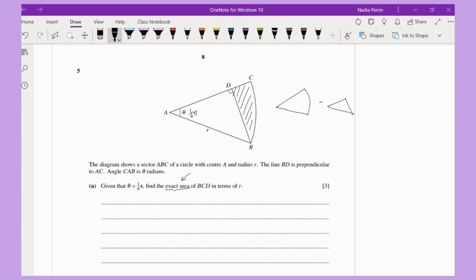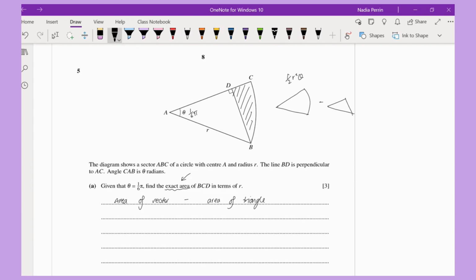So I'm going to tell the examiner what I'm doing by first of all saying we're working out the area of the sector and that we're going to minus the area of the triangle. And that helps examiners see where to look for the method marks. So with the first one, area of the sector, we know the formula for that is half r squared theta, and that is on your formula sheet. And there's a couple of formulas you could use for the triangle.